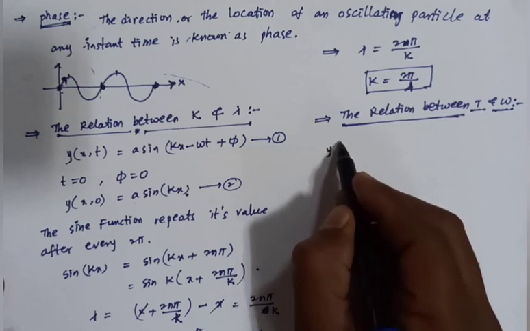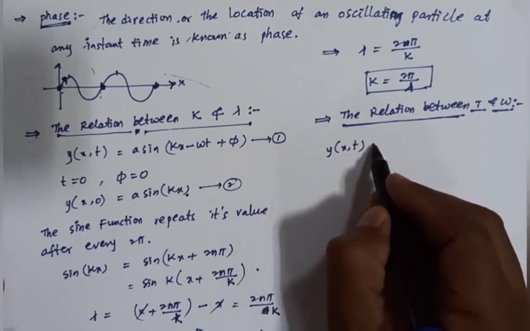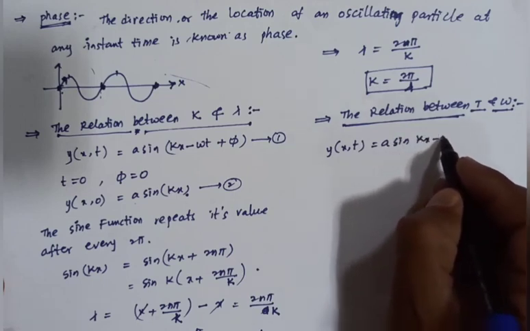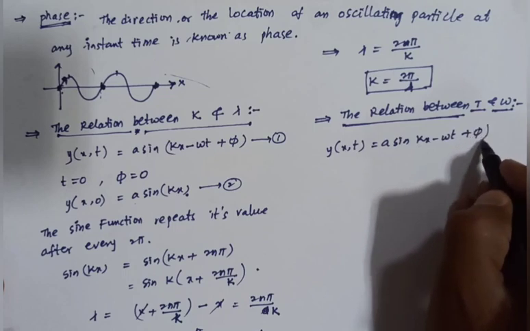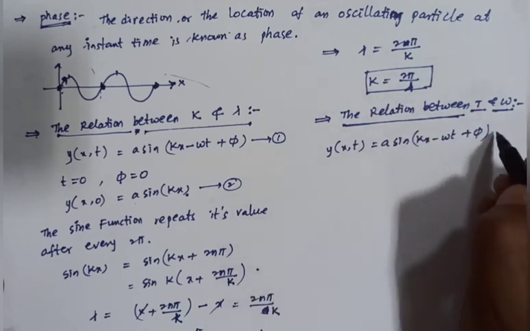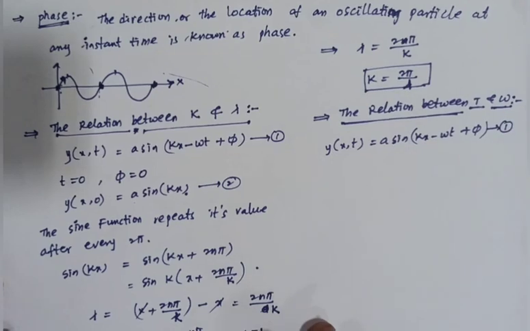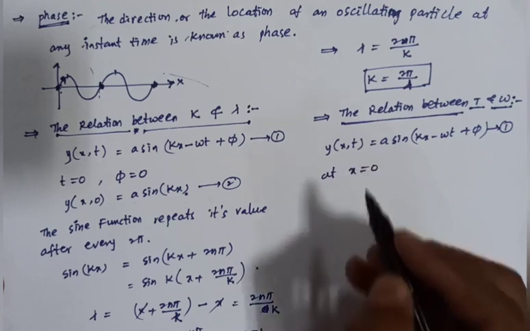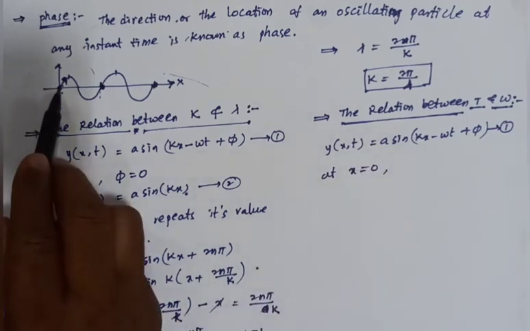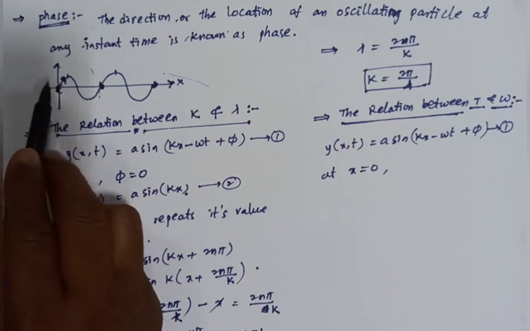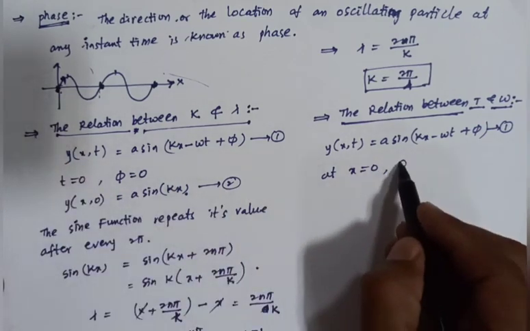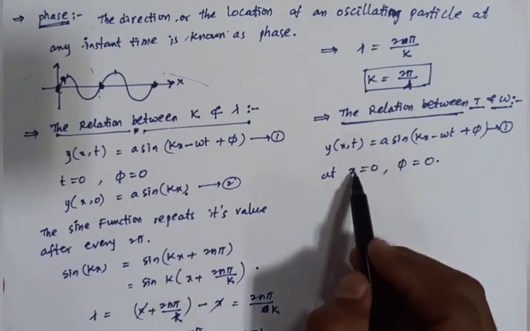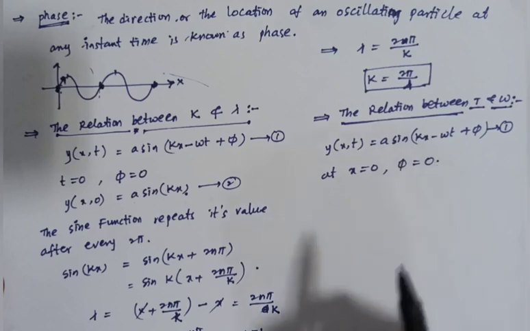Here y(x, t) equals a sin(kx minus omega t plus phi), which we call equation number 1. At x equals 0, what is the phase angle? The phase angle phi will be 0.